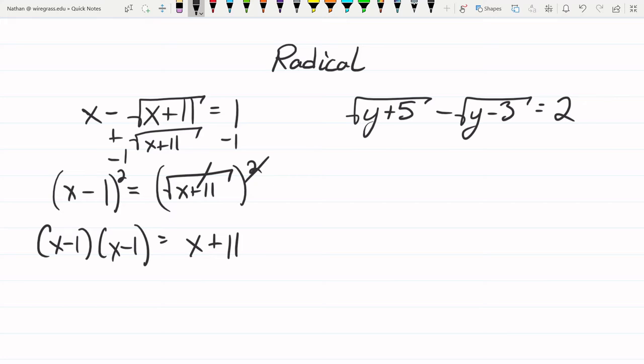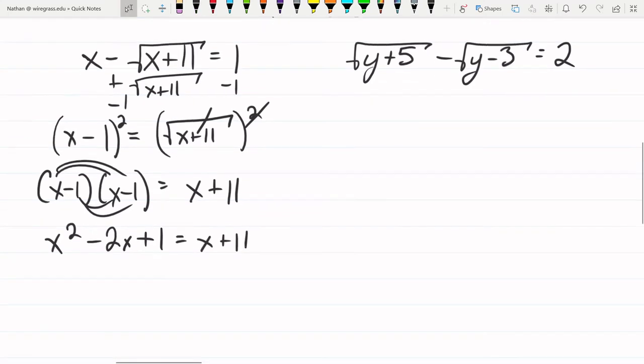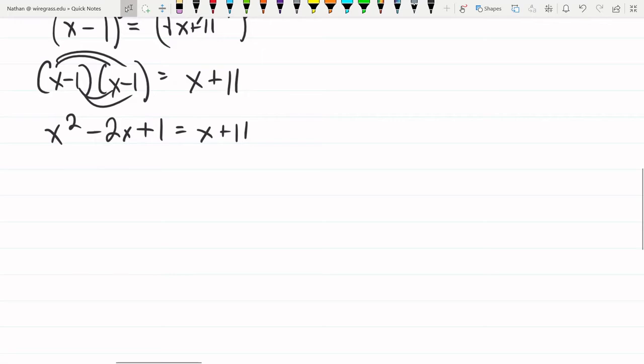We just expand everything out, get it all over to one side, factor, and solve. So doing the FOIL method on the left-hand side here, we have x squared minus 2x plus 1 equals x plus 11. Now I can subtract the x and subtract the 11. Was it x plus 11, right? Yeah, it was.